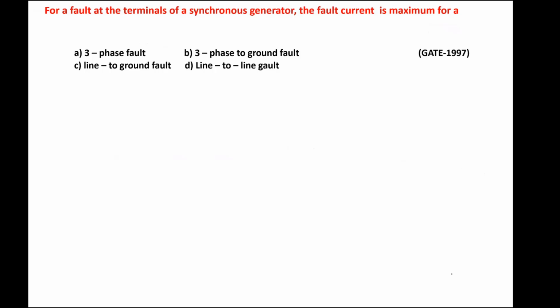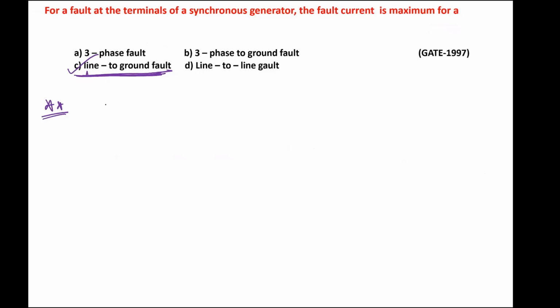Now, for a fault at the terminals of a synchronous generator, the fault current is maximum for which fault? For a fault at the terminals of a synchronous generator, the fault current is maximum for line to ground fault. Which is the most severe fault at the terminals of a generator? LG fault. Okay. So C is the right option. Remember this point. We have already proved this one.